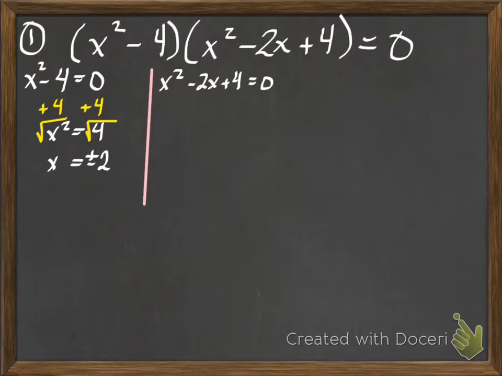So let's review what we did last chapter. What was step 1 for the quadratic formula? b squared minus 4ac. But before we do that, we need to identify a, b, c.